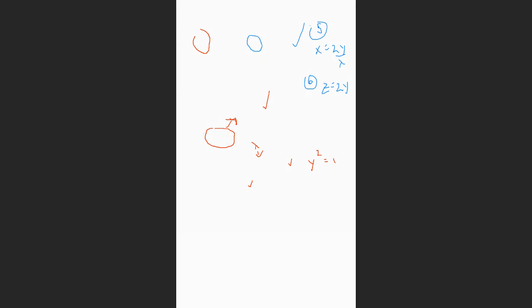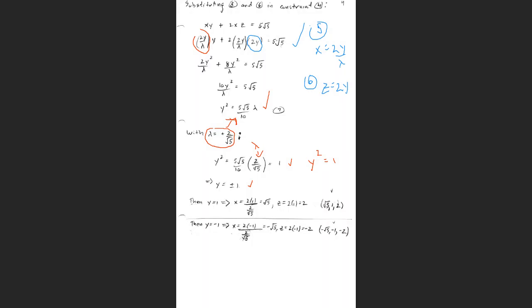In the case where lambda equals 2 over root 5, we're going to get x equals root 5, because 2 divided by 2 over root 5 is like 2 over 1 times root 5 over 2, right?